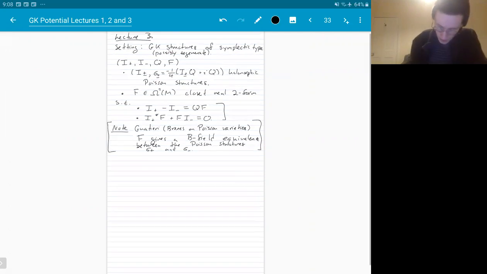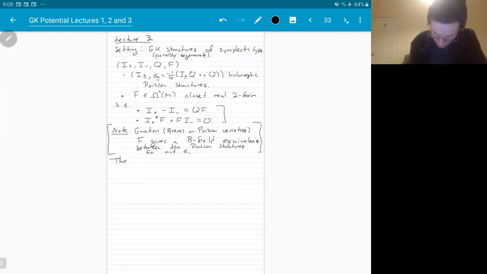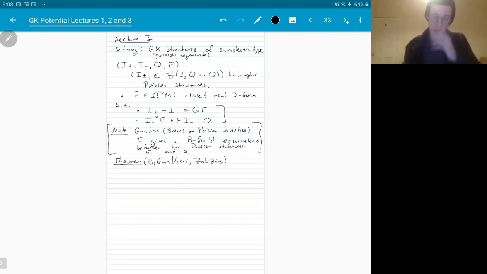Okay, and then the main theorem is a reformulation of generalized Kähler geometry of symplectic type in terms of what I talked about last time, which are these holomorphic symplectic Morita equivalences.